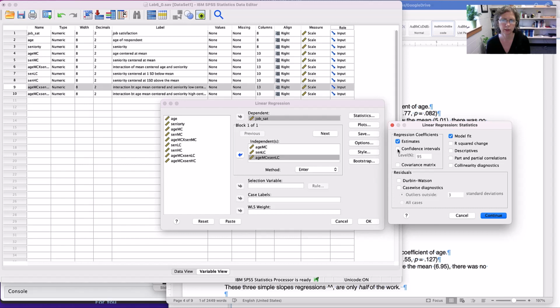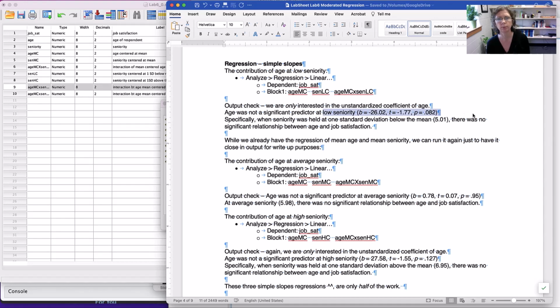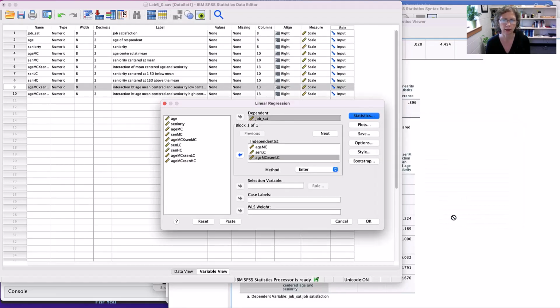I think I need all of this. I definitely don't need R squared changed. I don't think I need confidence intervals either. Yeah, because we're only looking for the line for the focal predictor here. So we don't need a whole lot of extras on that. So paste and run it from syntax.